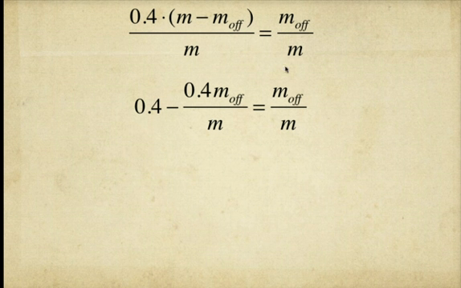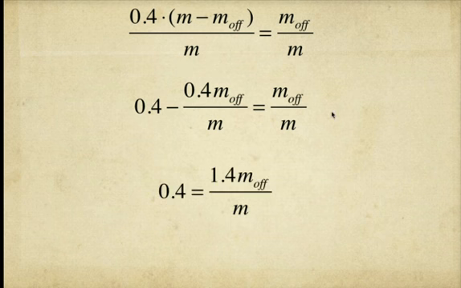And then that's just the right part of the equation: m off over m. This is basically multiplied by 1, and that is multiplied by 0.4. So what I'm doing is dragging this part with a minus to this side of the equation, and that gives me 1.4. So 0.4 equals 1.4 times mass off over m.